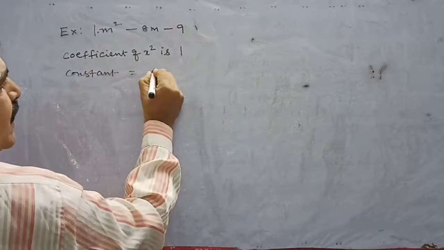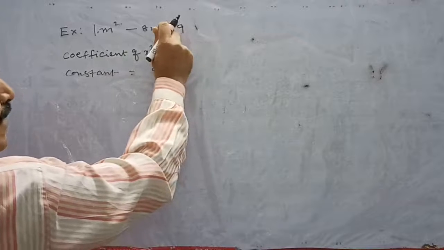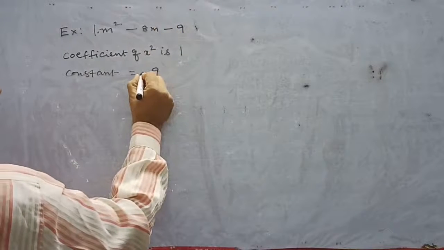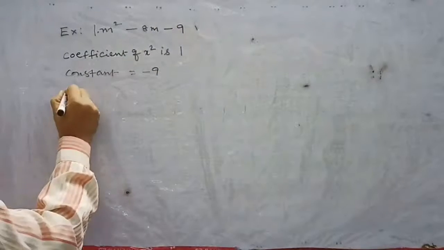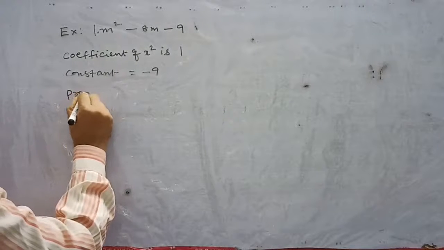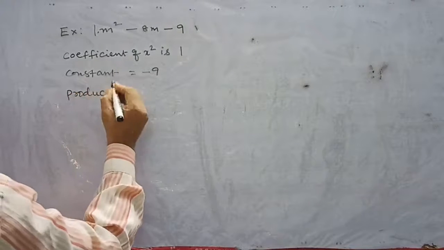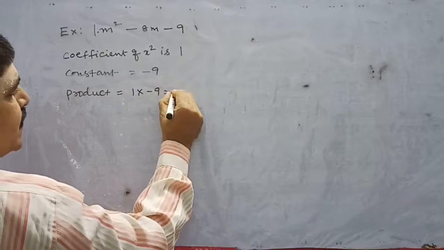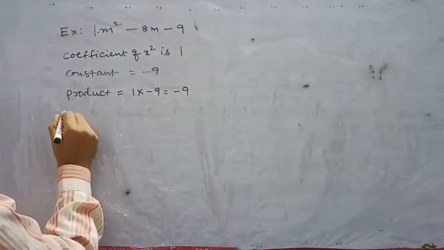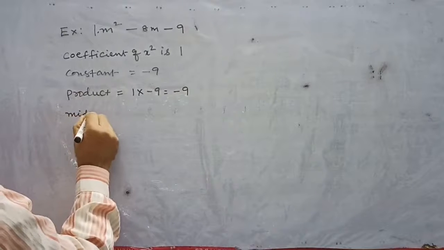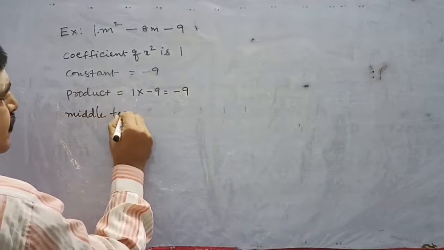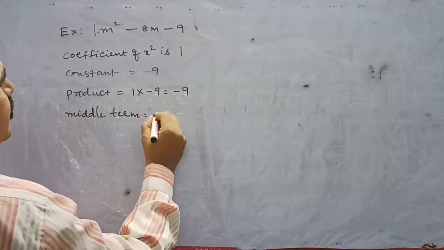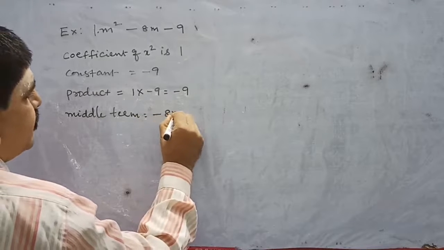Actually it is 9, but the symbol minus is there. So you can write minus 9. Next, product. What is the product? 1 into minus 9, that is equal to minus 9. Next, the middle term is equal to minus 8m.